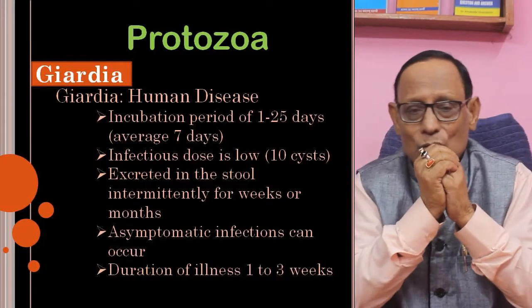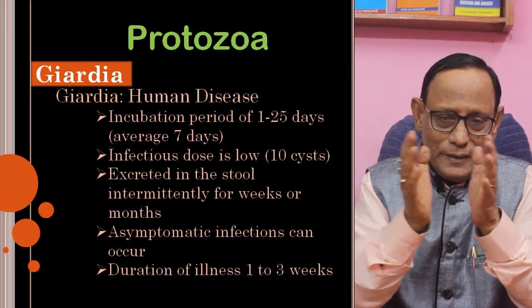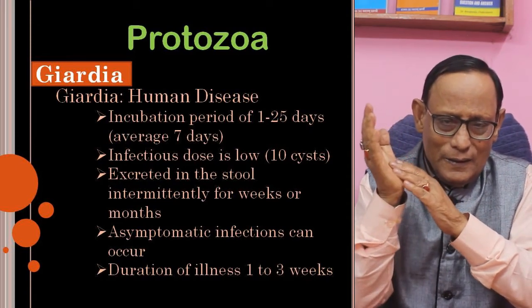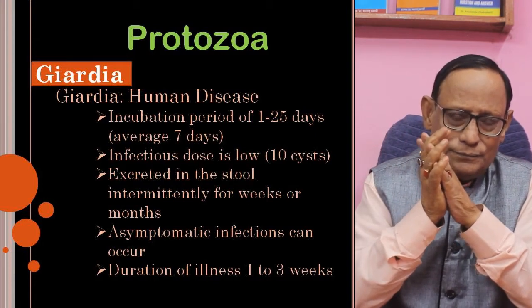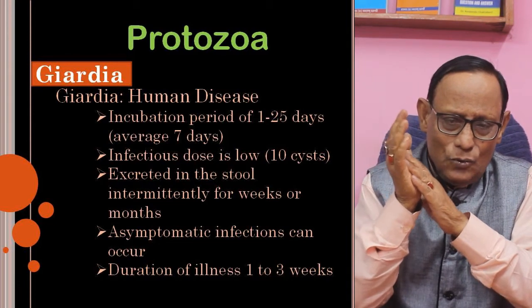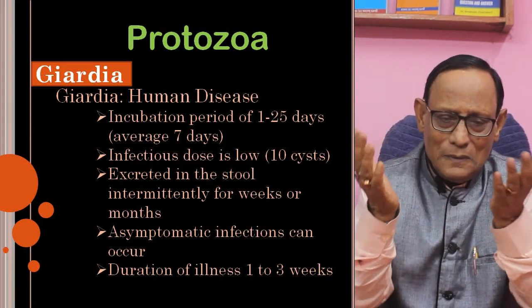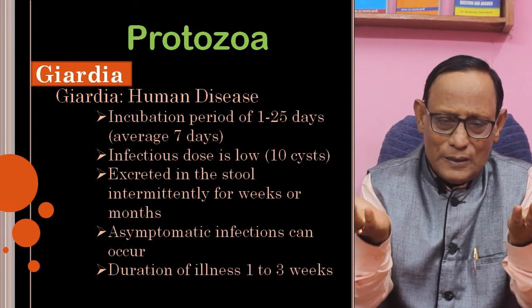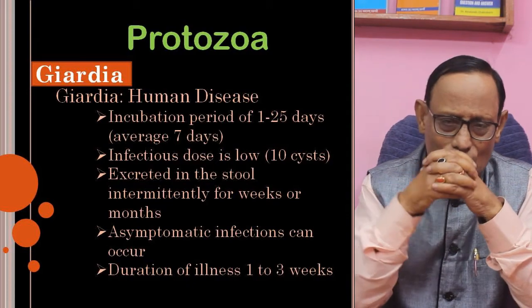Then we have got a protozoa known as Giardia. Giardia also occurs in human beings. It's a human disease. But it may also be seen in cat, right? So excreted in the stool intermittently for weekly or monthly, and there may be asymptomatic infection, and duration of illness is 1 to 3 weeks.